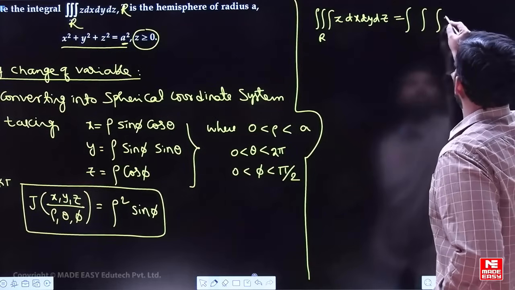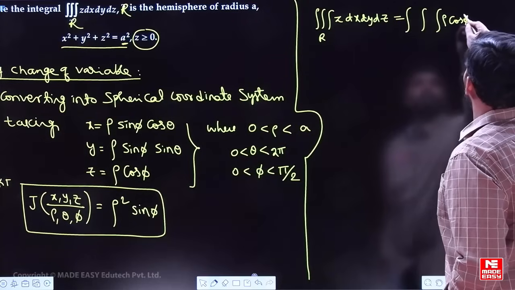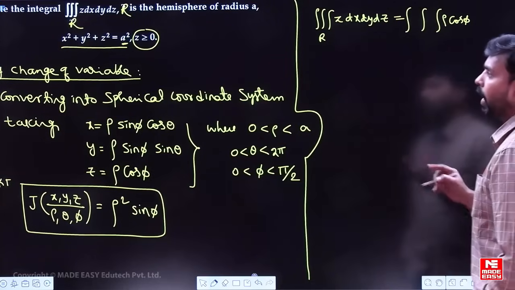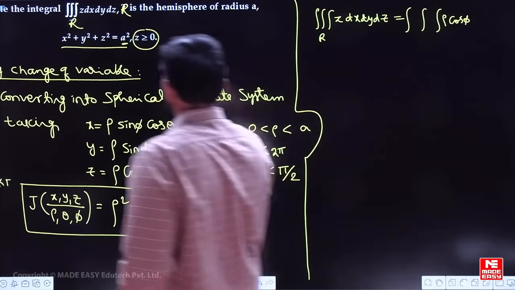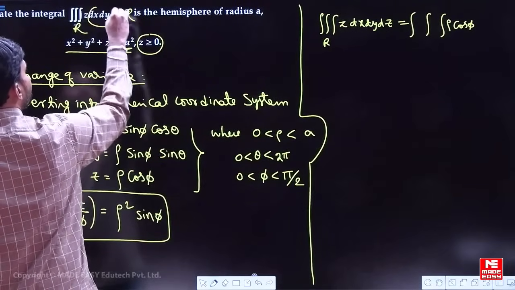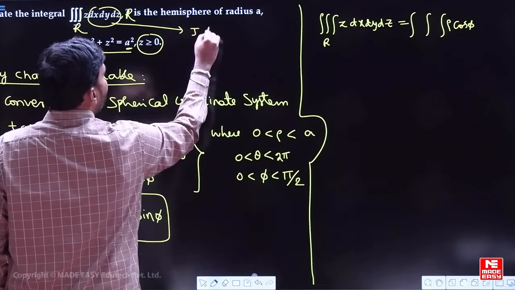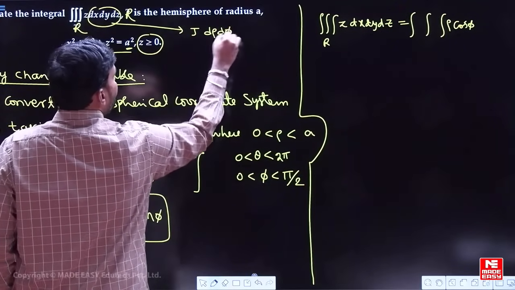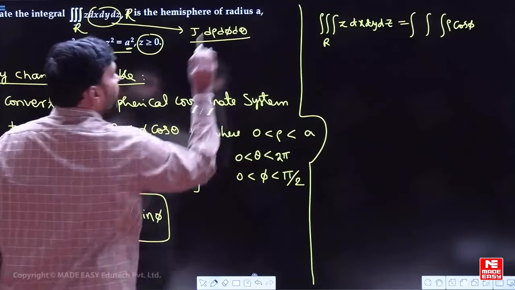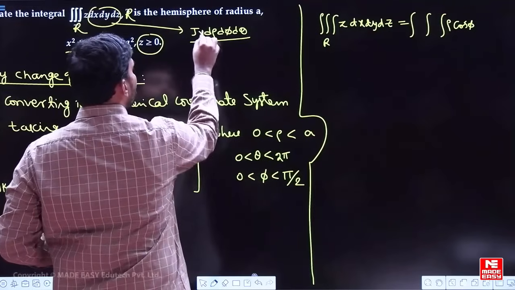So z means what here? Rho cos phi. Z means rho cos phi here, and dx dy dz should be replaced by the Jacobian into d rho d phi d theta, right or not? Jacobian into d rho d phi d theta.